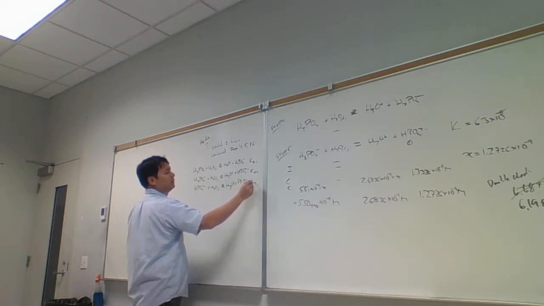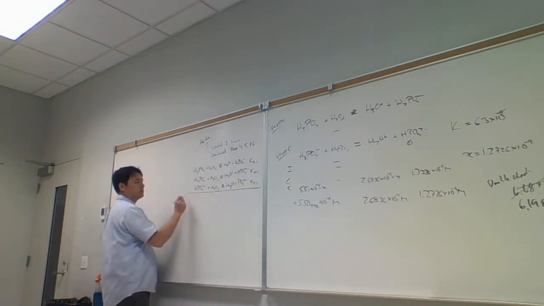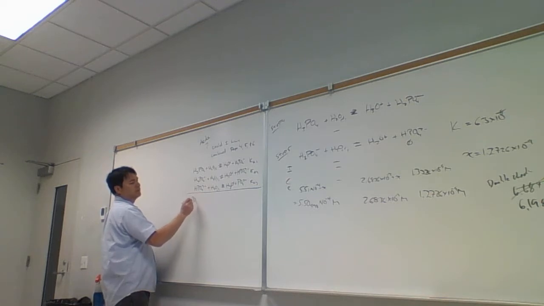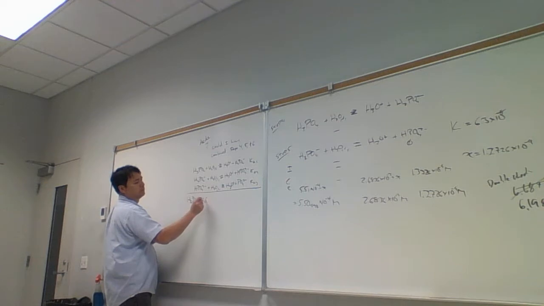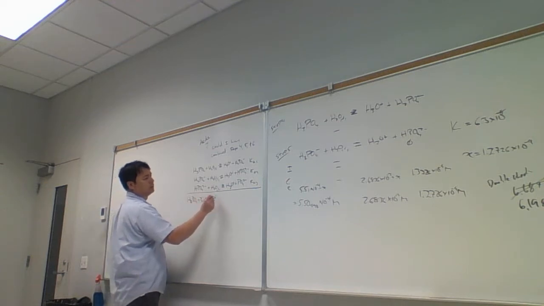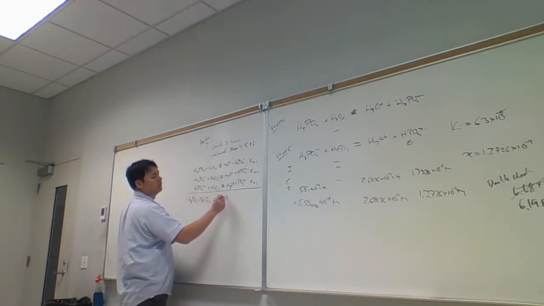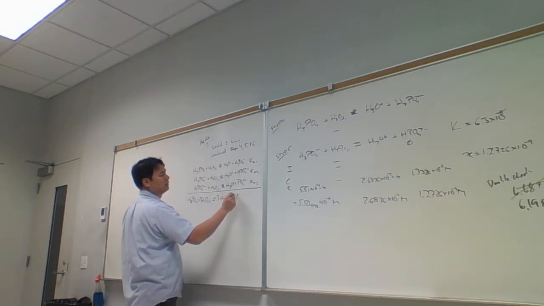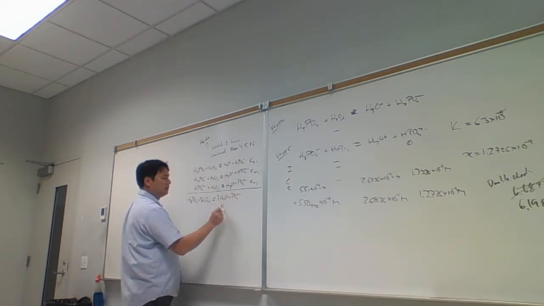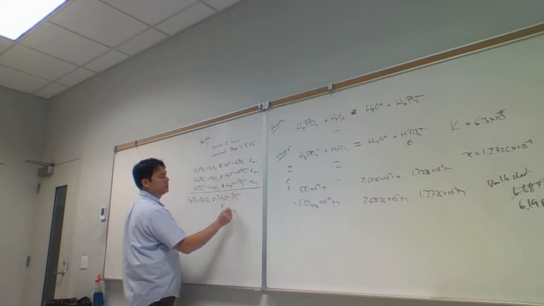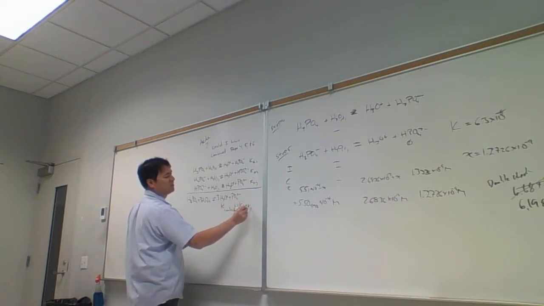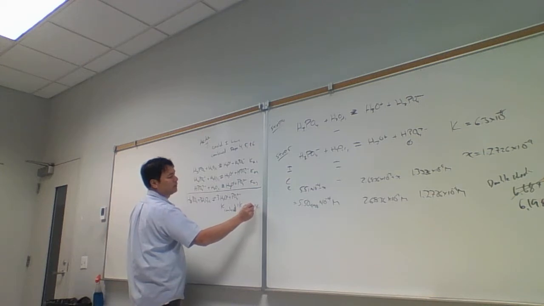This is Ka3. And then what I do is I just combine these three. If I combine these three equations, I'm going to get H3PO4 plus 3 waters yields 3 hydroniums plus a phosphate. And then the K for the combined is just equal to Ka1 times Ka2 times Ka3.